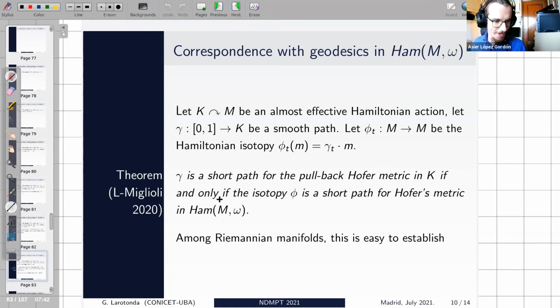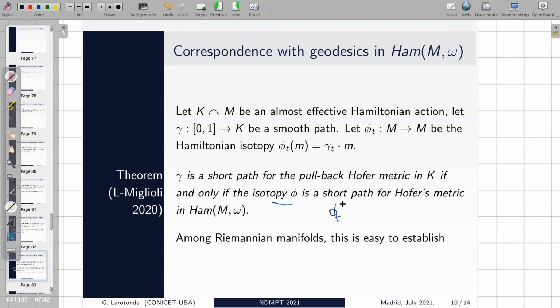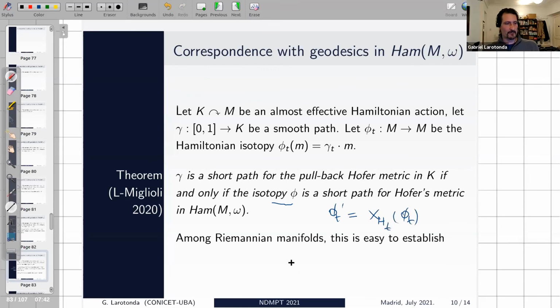You remember there's a correspondence between being short in the group K with the pullback norm and being short in the group of Hamiltonian diffeomorphisms with Hofer's classical metric. But this isotopy was constructed with Hamilton's equations, right? The isotopy obeys Hamilton's equations.